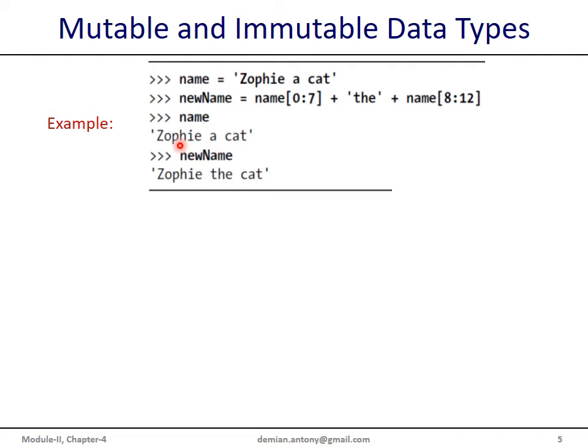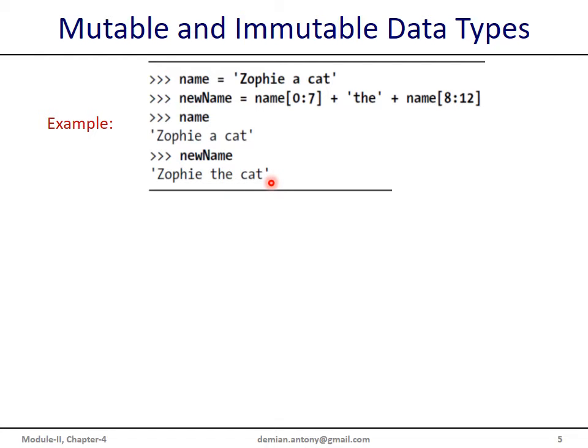Thereby we can have a new string which is just a manipulation of the old string. Here we had a old string Zophie, a cat. Now it has been modified as Zophie the cat.